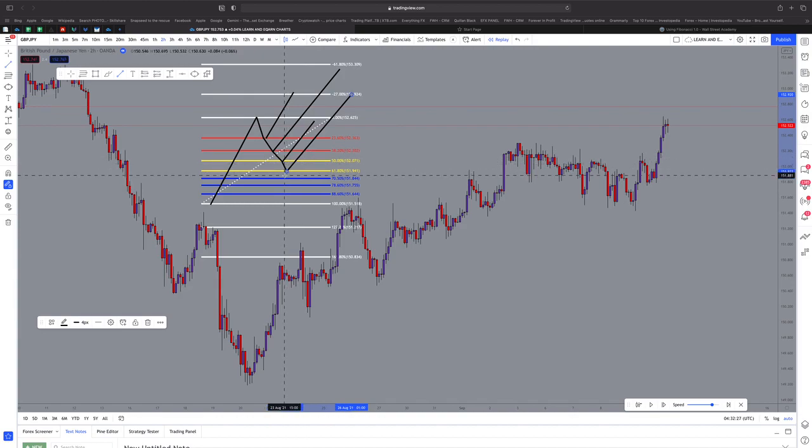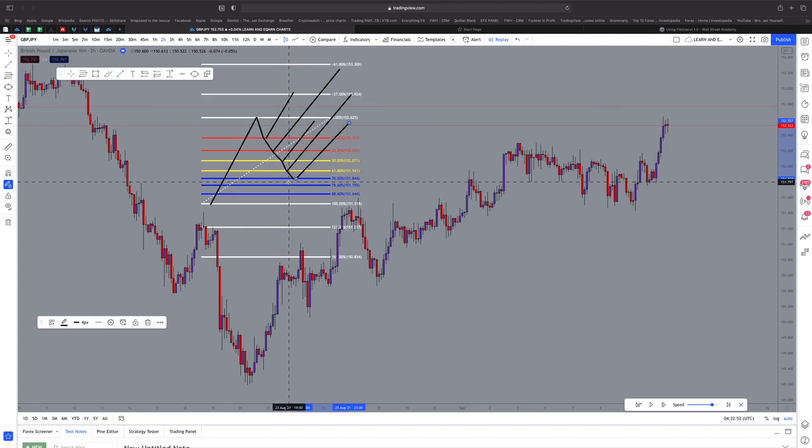Then we have another one that I love, right, which is the 70.50. 70.50 is a market structure level, and it's also known as the third and the last aggressive PRZ level. When price comes to this level, it's the third most aggressive, so put your seatbelt on because it can go boom too, right?